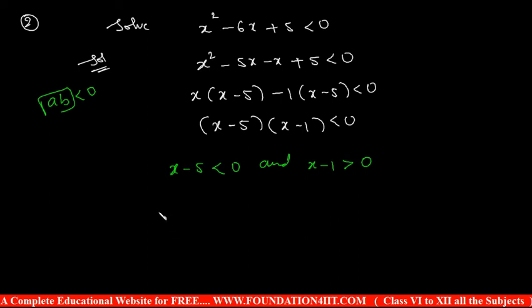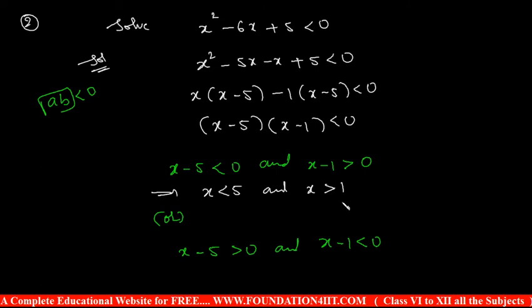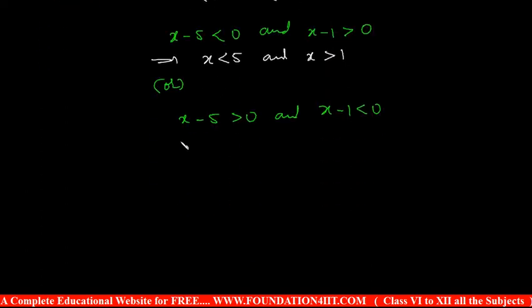Or, x minus 5 is greater than 0 and x minus 1 must be less than 0. Okay, these two cases. From this, x is less than 5 and x is greater than 1. And from the other, x is greater than 5 and x is less than 1.